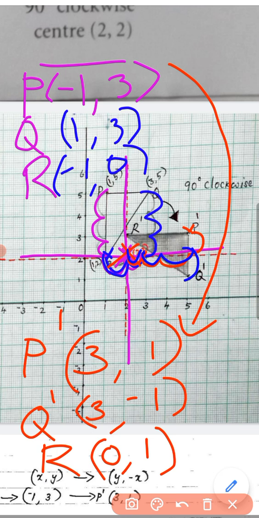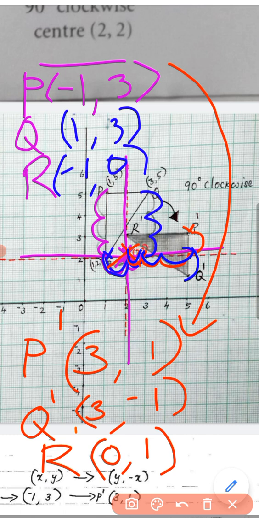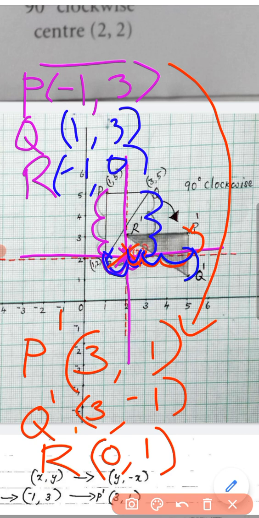Okay. Now R dash, that is 0, 1. R dash is on the y-axis since the x coordinate is 0. It is 1 unit up, so from here 1 unit up.